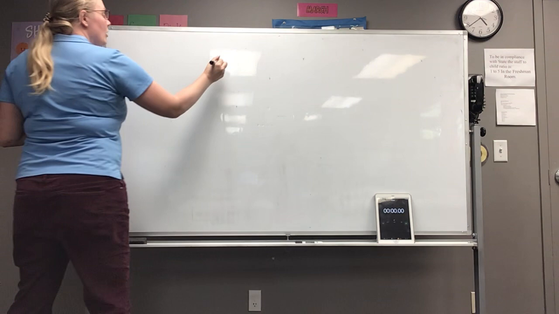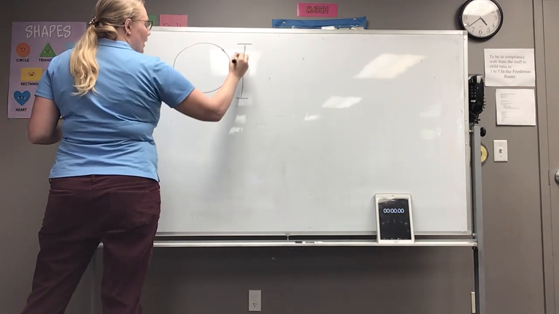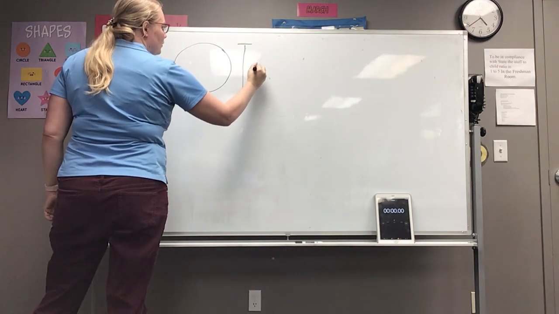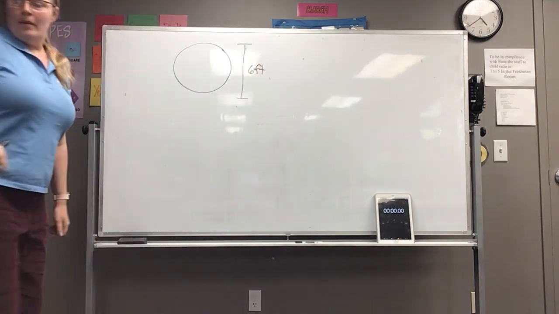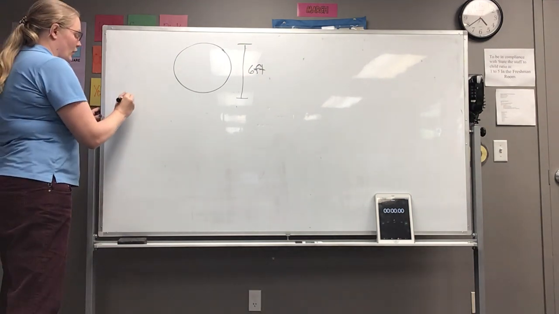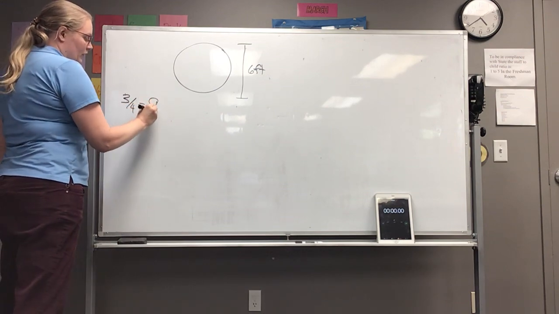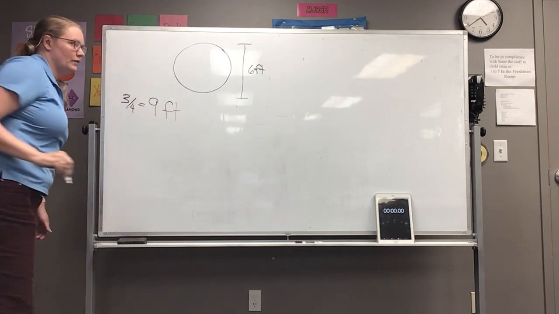All right. So we're told that a table has a diameter of 6 feet. But we are also told that on the scale, 3/4 of an inch equals 9 feet.